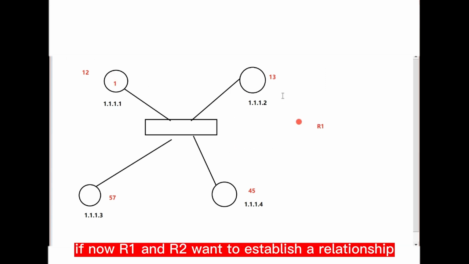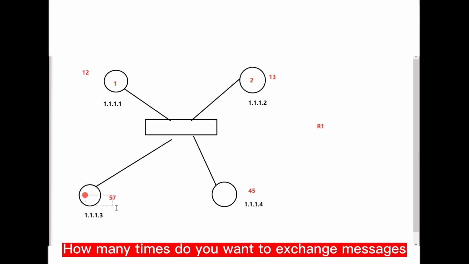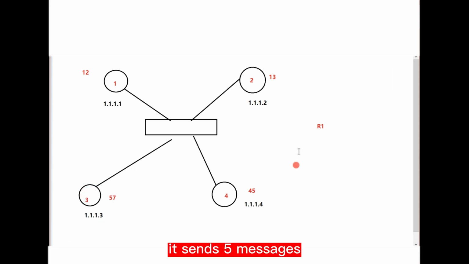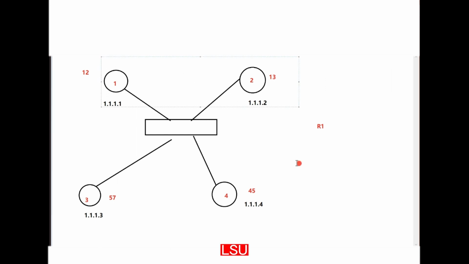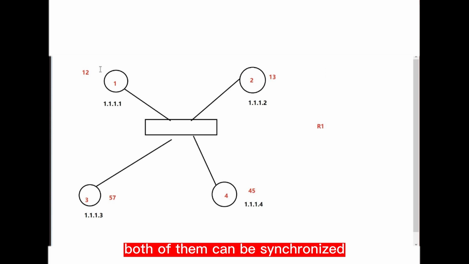If now R1 and R2 want to establish a relationship, how many times do you want to exchange messages? It sends 5 messages, respectively: Hello, DD, LSR, LSU, LSAC. Both of them can be synchronized.